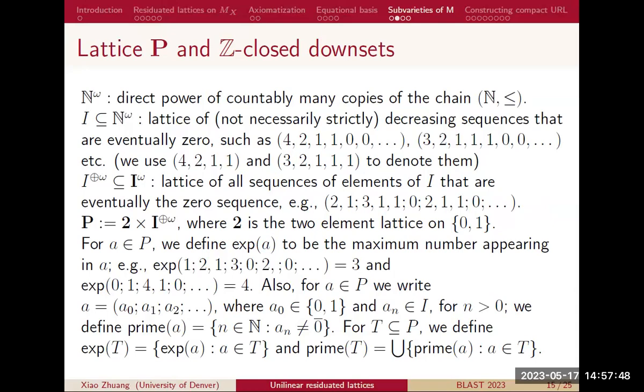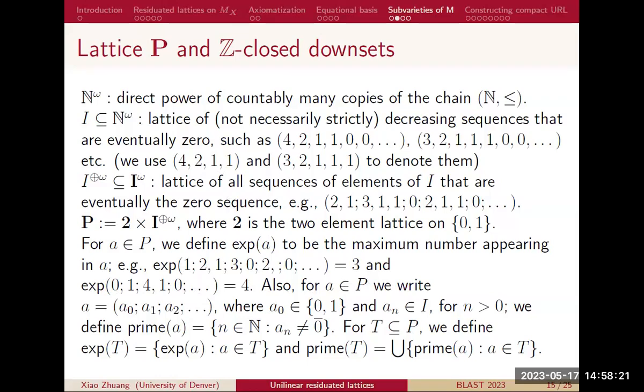Before we introduce that idea, we have to say that for an element A in the lattice P, we use expo of A to denote the maximum number appearing in A. So for example, for such a sequence, the sequence of finite sequences that are eventually zero, the maximum number appearing here is 3, and for this sequence, the maximum number appearing here is 4, and we use those 3 and 4 to be the meaning of expo of A.